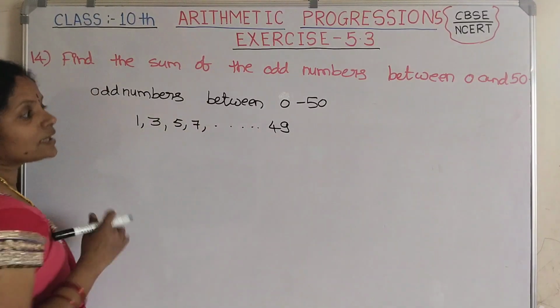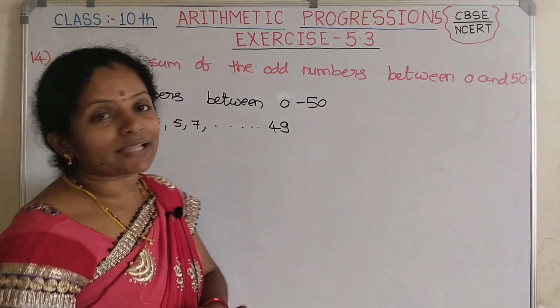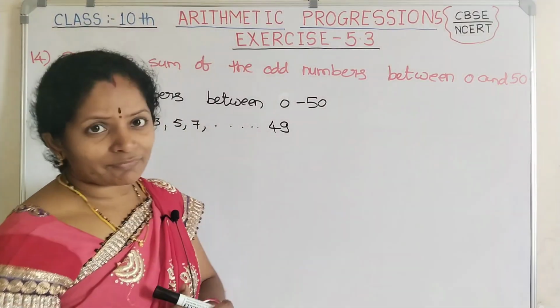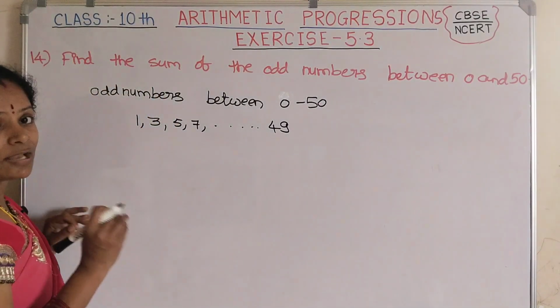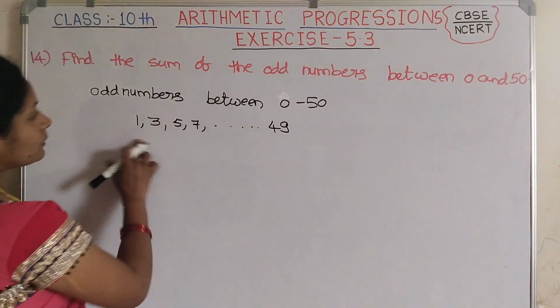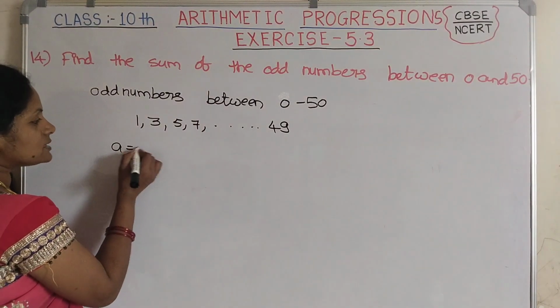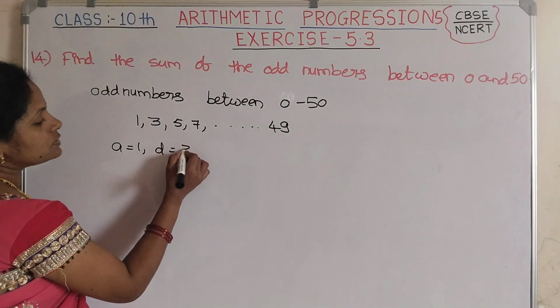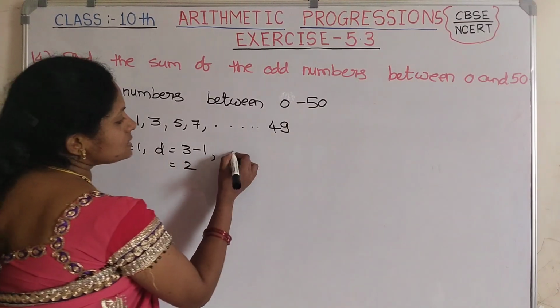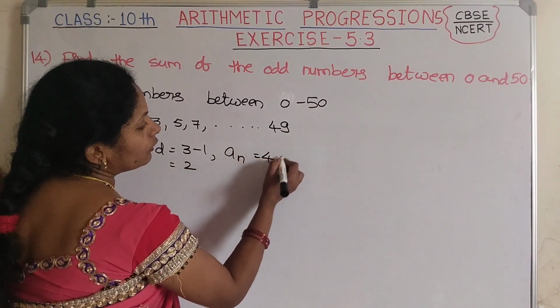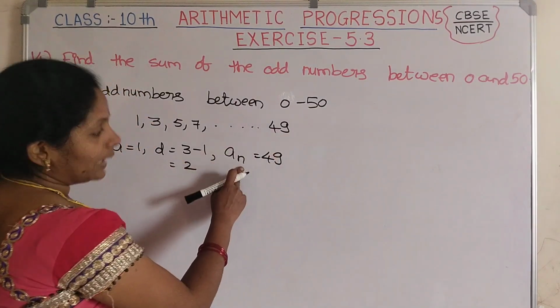Now how many terms are there? Actually we will get 25 terms. But for our clarification, we will use the formula. Means we should get the value of n here. From this data, what can we write? A is equal to 1. D is equal to 3 minus 1, which is 2. Common difference is 2. Next, an is equal to 49, because this is the nth term.